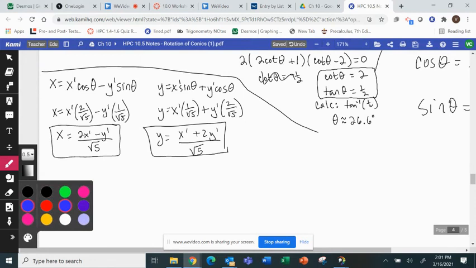What should we do next? Substitute x and y in the original equation.